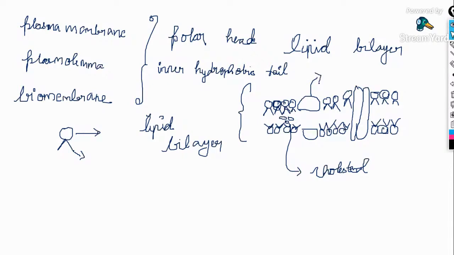This protein is known as peripheral proteins or extrinsic proteins, and this long inner protein is known as integral proteins or intrinsic proteins.